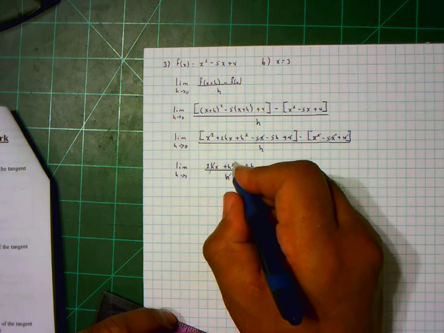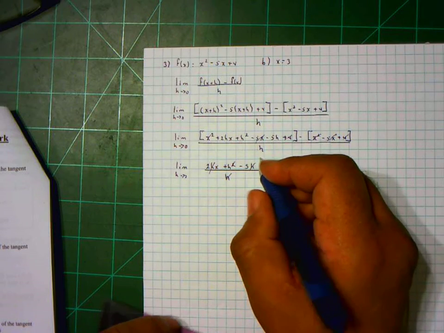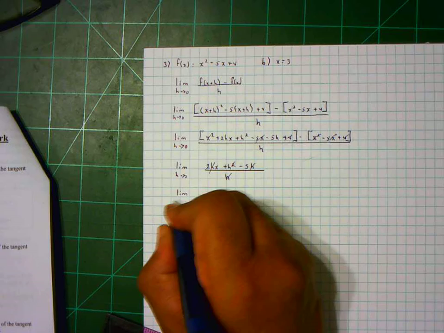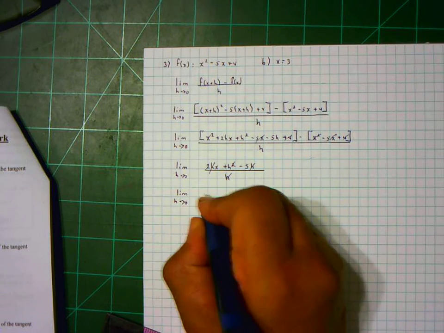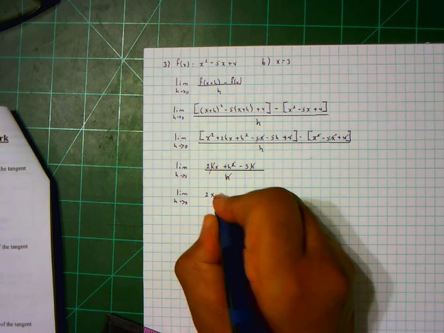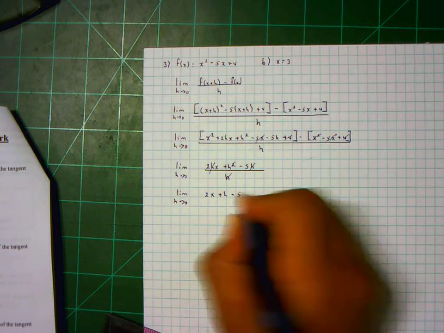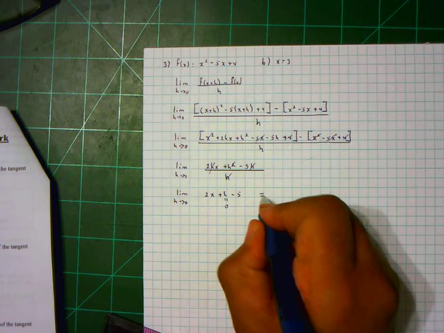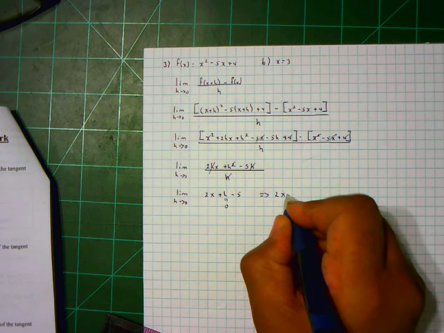This h cancels, one of those cancels, and this one cancels. So now I'm left with the limit as h goes to 0 of 2x plus h minus 5. And as this goes to 0, this becomes 2x minus 5.